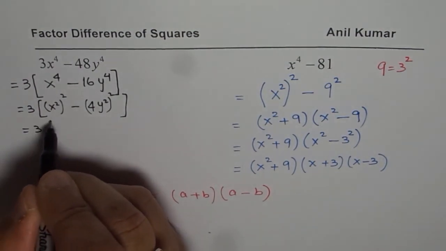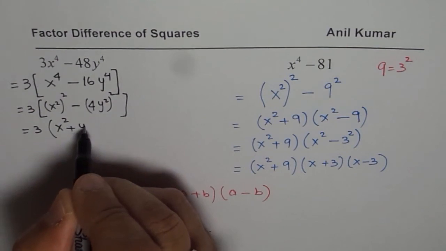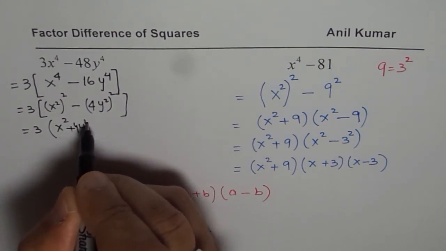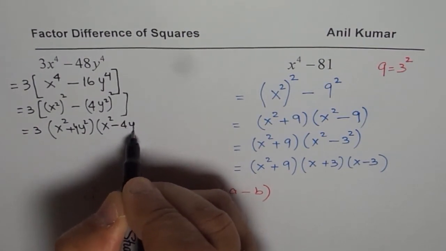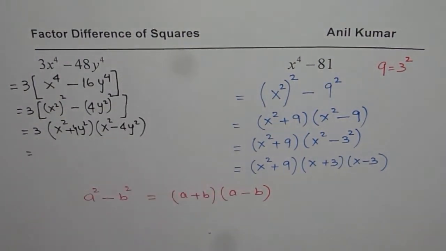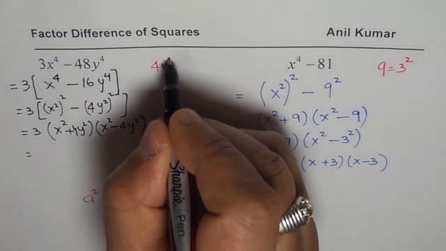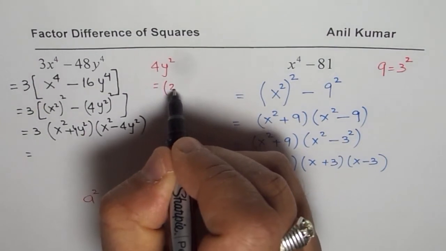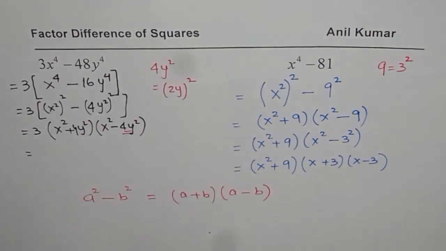So we could write this as x square plus 4y square times x square minus 4y square. Now 4 is 2 square, right? So you could write, let me write down here, 4y square could be written as 2y whole square. So this is what I'm going to use here.